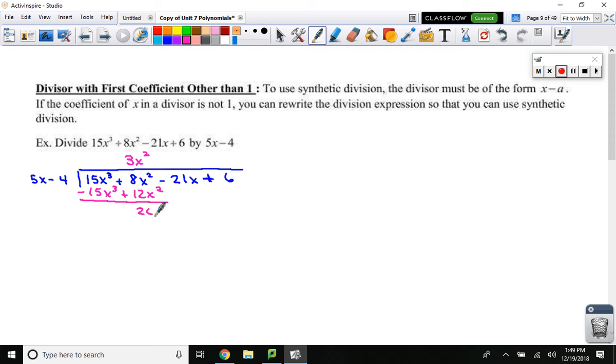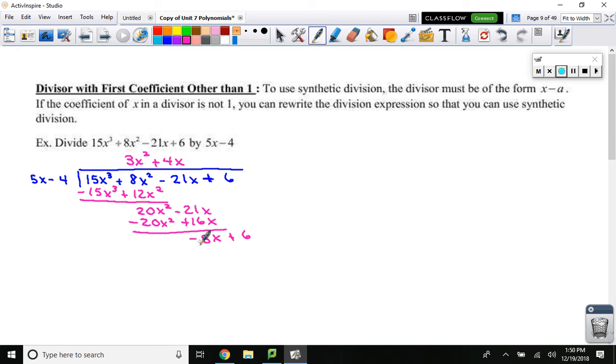This becomes 20x squared. Good so far? Bring down my minus 21x. What do I have to multiply by so that 5x becomes 20x squared plus 4x? So then I got 20x squared minus 16x. Change the signs. That becomes negative 5x plus 6.